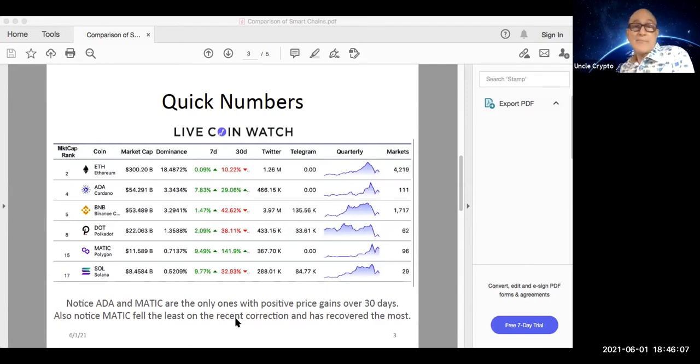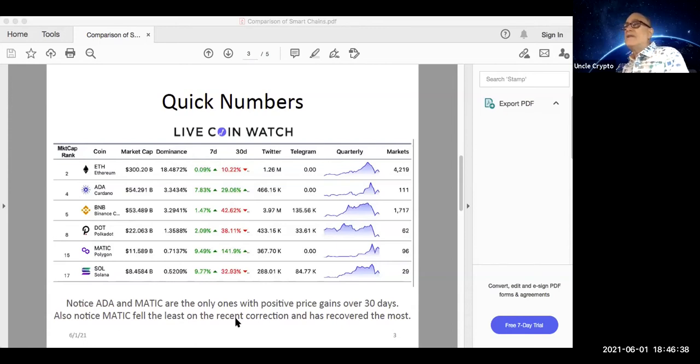And not only were they up, if you look at the size of the amount they're up, it's pretty substantial. Cardano's up 30% for the month. I'm rounding off. It's 29.06, but I hate details. So it's up 30%. But MATIC, for crying out loud, is up 140% for the month. What is going on there, right? That's what we're all asking ourselves.